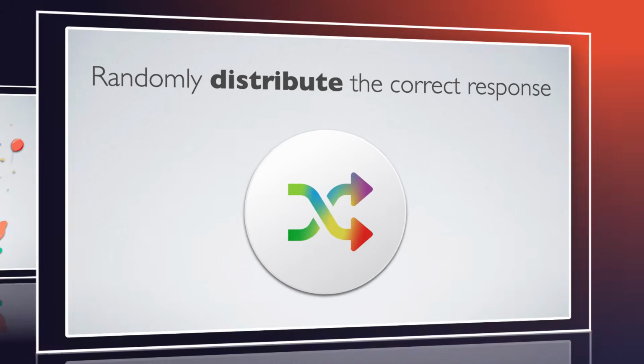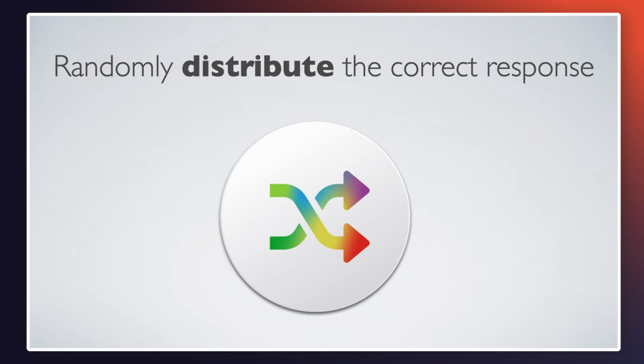Okay, let's move on. The next one is randomly distribute correct responses. While we are writing our assessment questions, the tendency is that we keep answer B or C as the correct answers. That's the usual thing. So it's very easy for the learners to guess and select the B or C. And we have a tendency not to keep the correct answer as A or D. It's a natural human thing that we do.